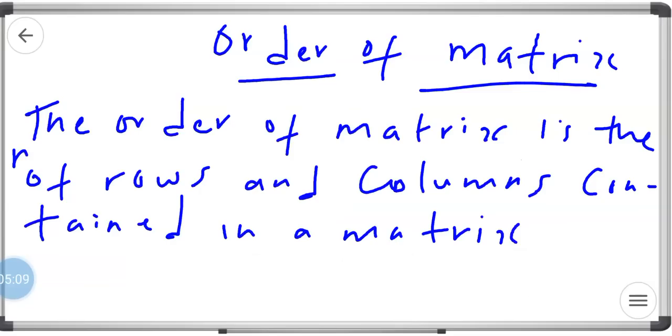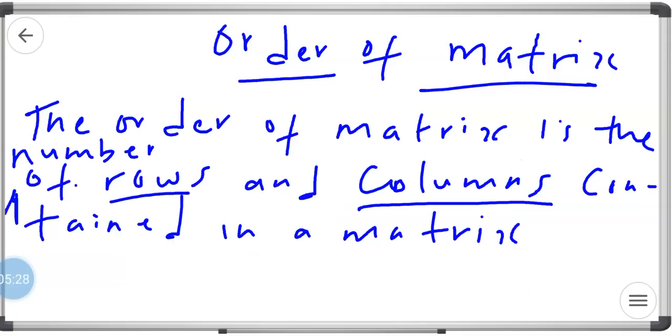The order of a matrix is the number of rows and columns contained in a matrix. Let's underline it. Is the number of rows and columns contained in a matrix.